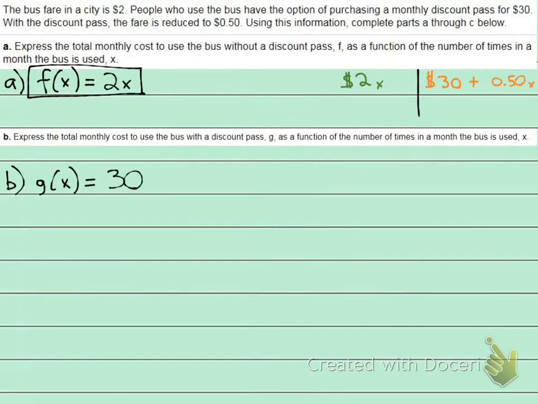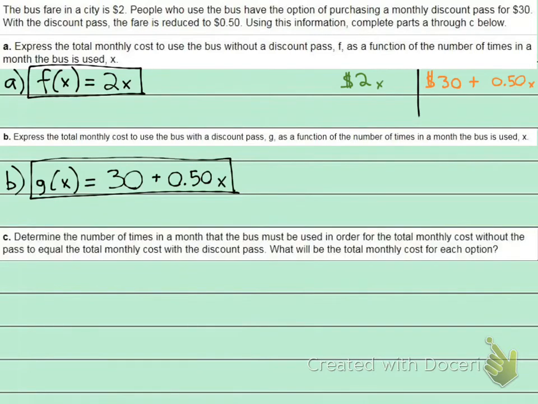There it is, 30. Before you even get on the bus, there's a 30, plus it's going to be 50 cents for every ride. So we take 0.50 times every ride, which is x. This is our answer if we want to model the discount pass.